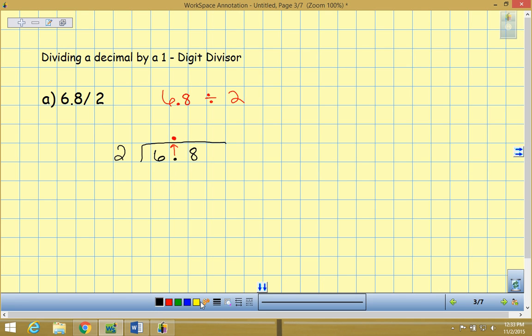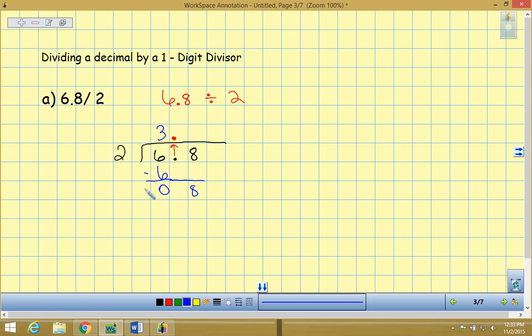Okay, so when we're looking at this, remember, we start here with the first column. So how many times can 2 go into 6? 3 times. 3 times 2 is 6. So I've divided, I've multiplied, now I'm going to subtract, and then I bring down, okay?